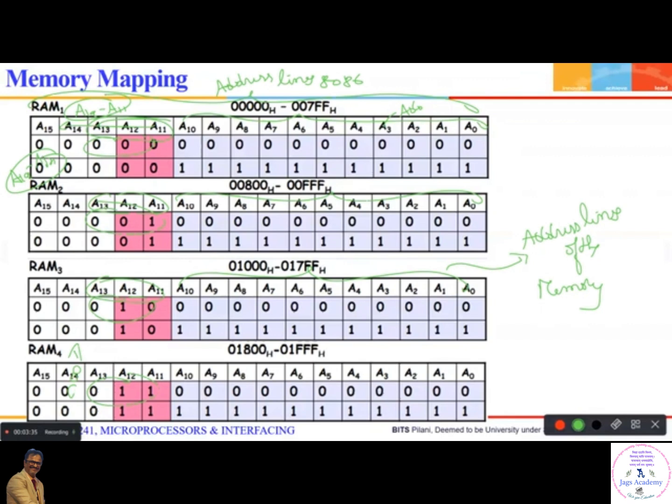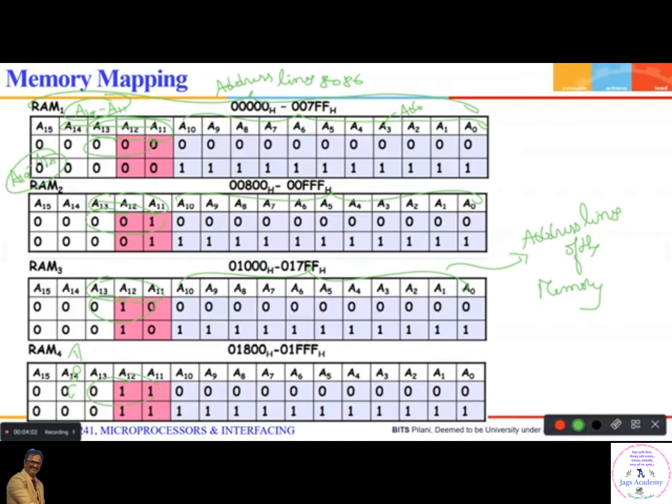So the remaining ones, from A11 to A19, we have to use as an input to the decoder logic. Now out of these A11 to A19, which ones will you select for ABC? Which will uniquely define RAM 1, RAM 2, RAM 3, RAM 4 based on those 3 address lines.